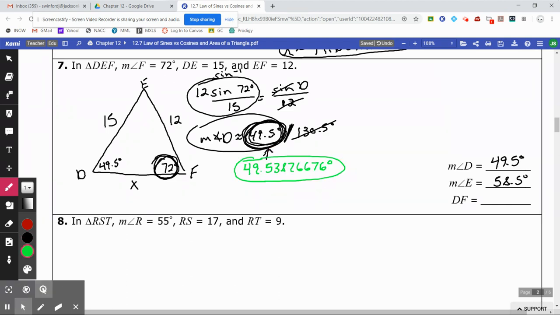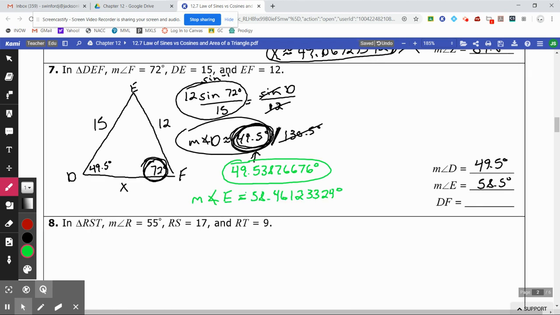And there you have what that is, 49.53876676, which makes the measure of angle E not 58.5, but 58.46123324. It's still approximate, but there are more decimals. So that's what I would use to actually find the measure of X, just to make it a little bit more exact.